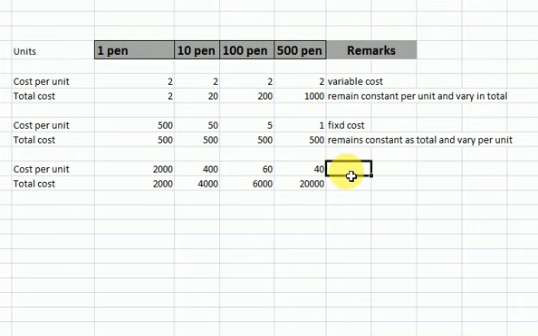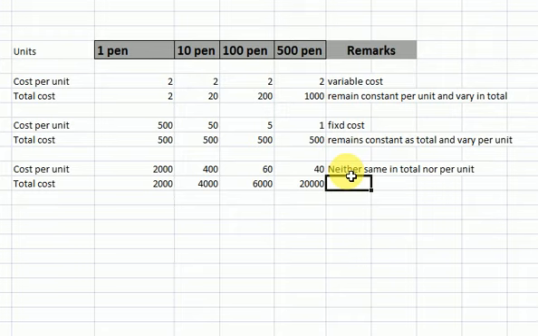So what will be the remark? Neither same in total nor per unit. This type of cost is called variable cost.